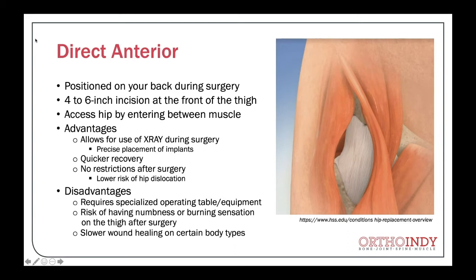There is a risk of having some numbness or even an occasional burning sensation on the thigh after surgery, because there is a branch of nerves that go over the skin in this area, although this does not cause any functional limitations if this occurs. And lastly, in certain body types, there is slightly slower wound healing.